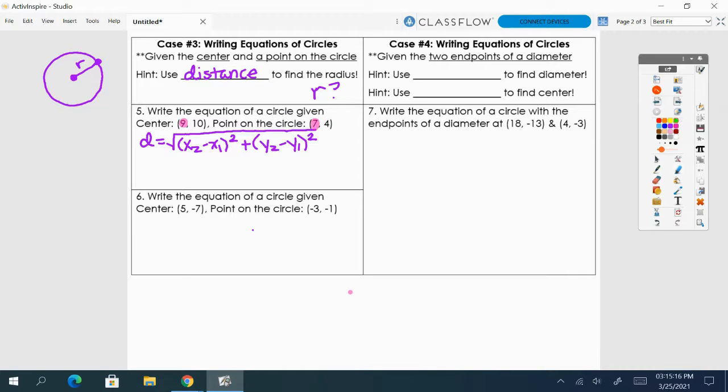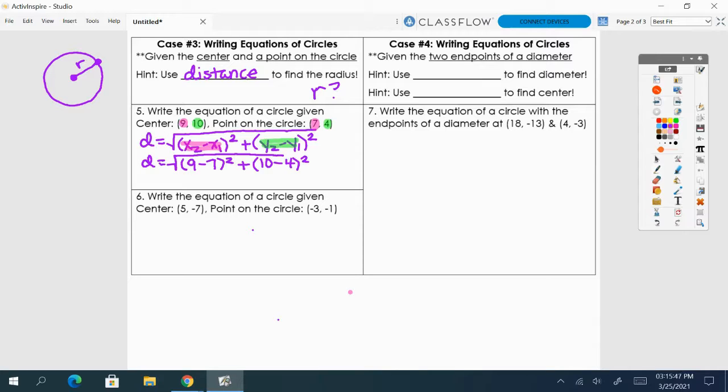And then our y values will be the 10 and the 4 there. So we'll go ahead and plug those in. It doesn't matter which one you plug into x2 versus x1, but whatever you start with, keep it consistent for the second. So we go ahead and do 9 minus 7 and then square it, plus 10 minus 4 and then square it.